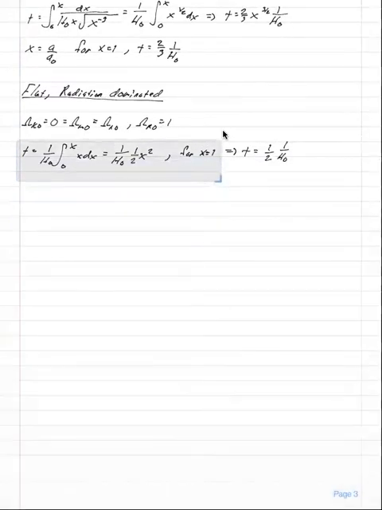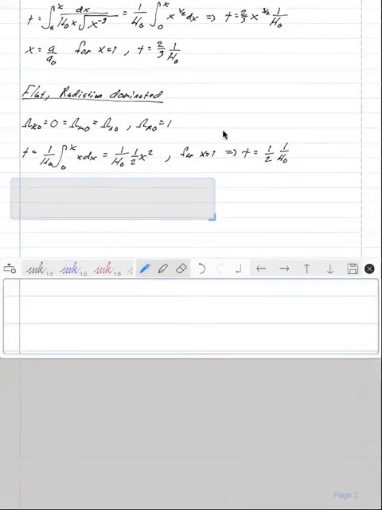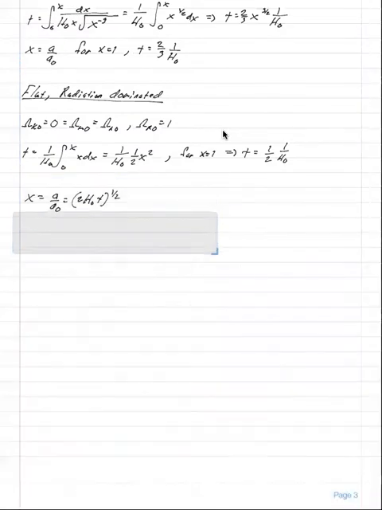Now, if we go back to this expression, t is equal to 1 over h naught times 1/2 x squared. Well, x is a over a naught, and so this gives us our solution for a over a naught, which is 2 times h naught times t to the 1/2.